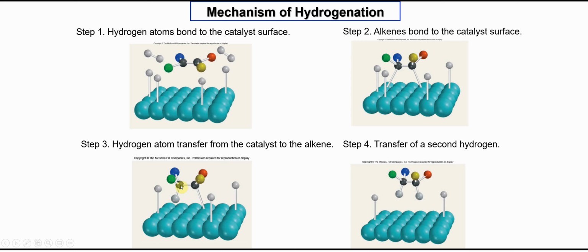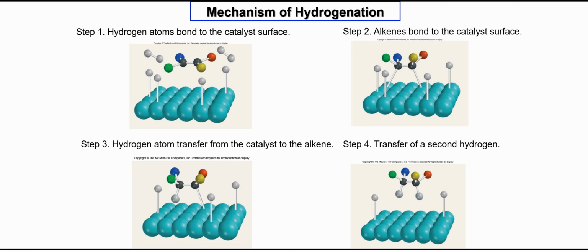You form a hydrogen-carbon single bond. The very last step, step 4, your second hydrogen atom is going to be transferred to the second double bonded carbon. In this case, you are going to form an alkane. This alkane leaves from the surface of your catalyst. There are 4 major steps of your hydrogenation.